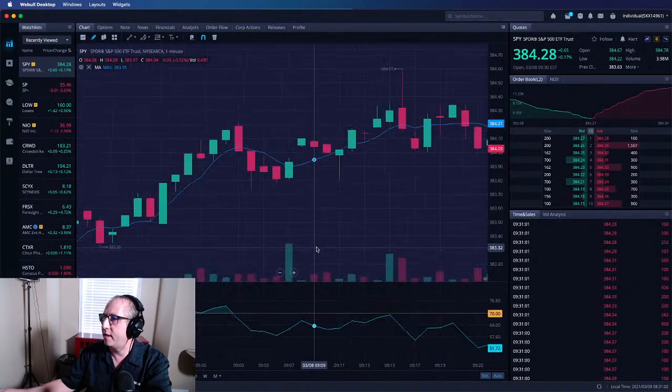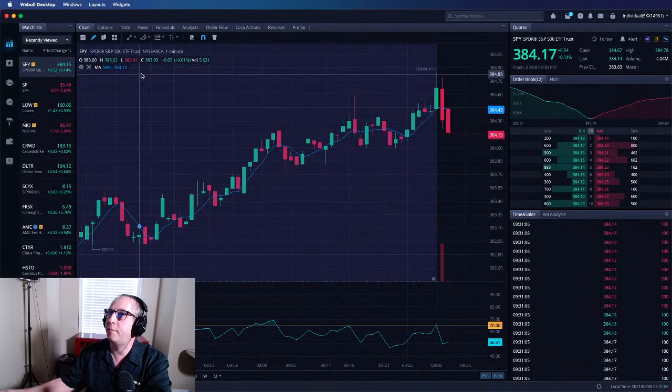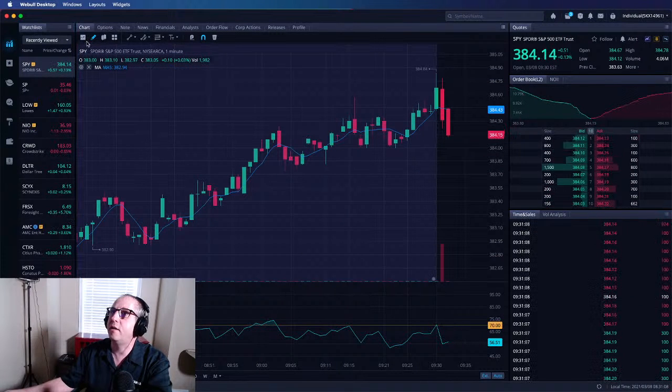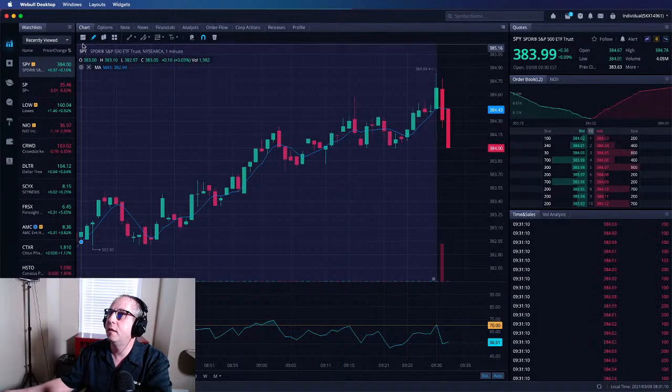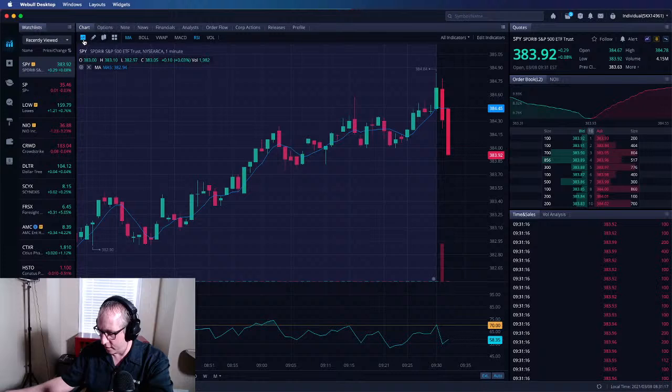And I have some other indicators down here. I have the RSI pulled up here, and also another indicator that I don't have up at the moment that I usually like to use. Well, there it goes bearish.